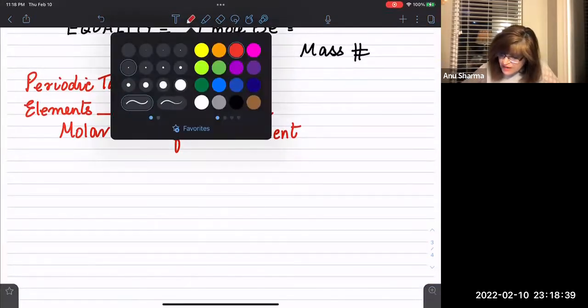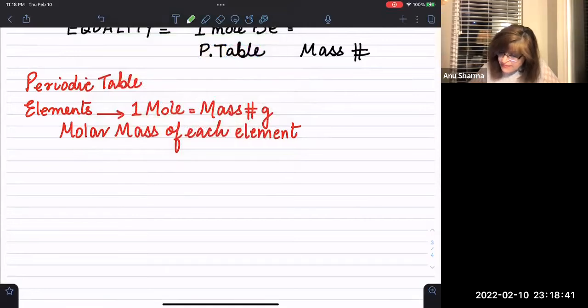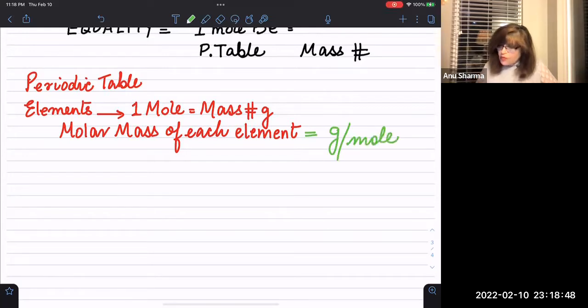What does that mean? The units of molar mass are grams per mole, which is how many grams are in 1 mole.